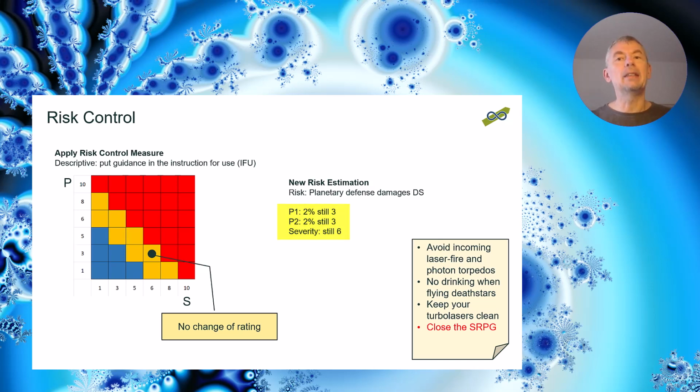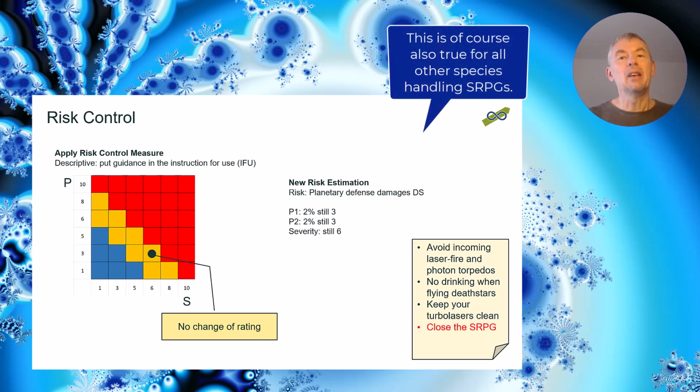Even if you write into the manual, always close the space rodent protection grid, there's one guy in the universe who's not doing it, and then it already happened. Just looking at the guys in the universe, we have to expect that it's still a probability of 100% that people are not closing it, as we have seen with the description in a previous video.